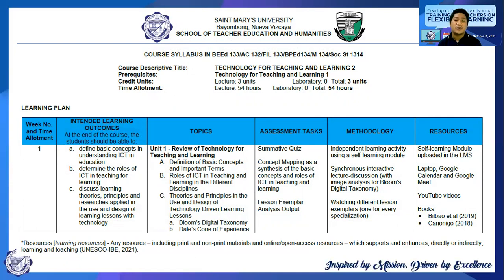tasks that I need to do for this intended learning outcomes. Of course, you need to align your assessment tasks with the intended learning outcomes. For defining basic concepts, a summative quiz can be given. Determining the roles of ICT, I asked them to make a concept map because they have to relate together the different roles.